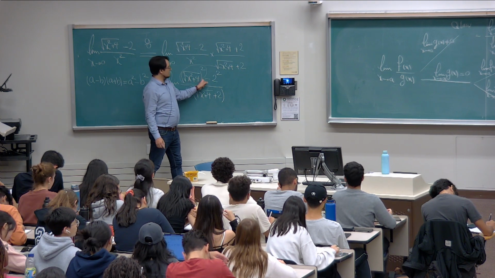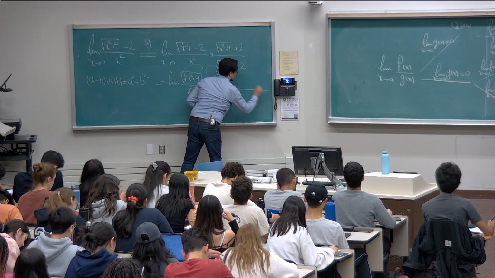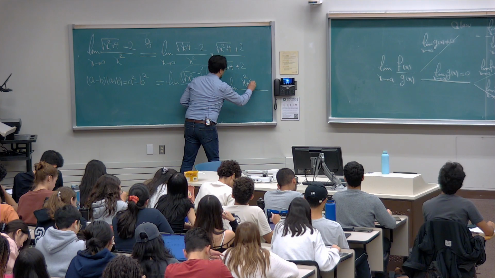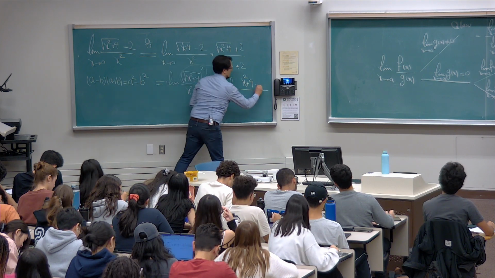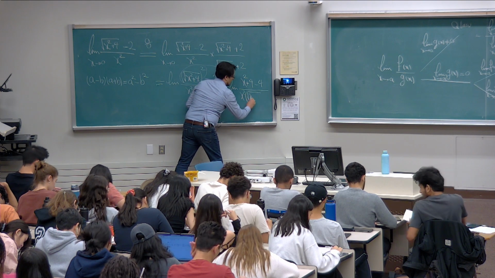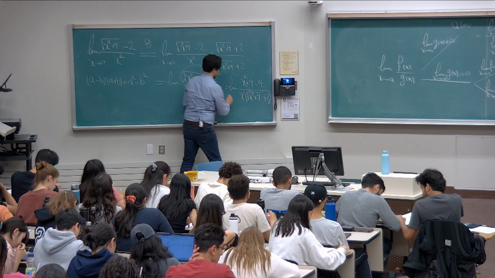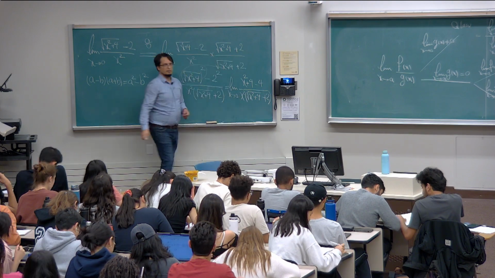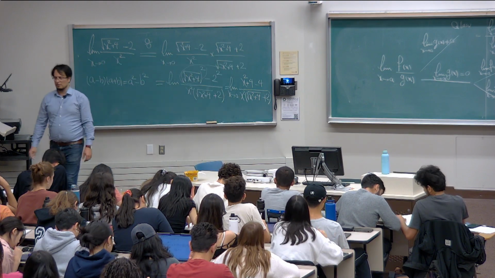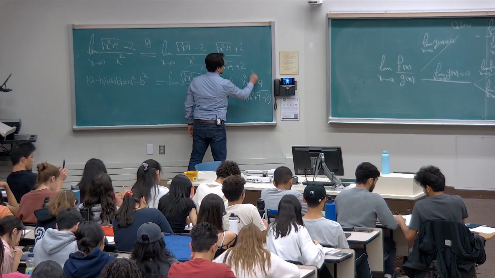X squared plus 4 minus 4 is the new numerator: x squared plus 4, and then minus 2 squared, which is 4. And then we have the square root of x squared plus 4, plus 2. Well, when you simplify the numerator, you get just x squared.